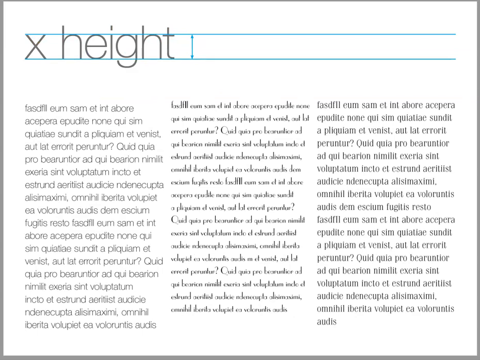Now, we talked a little bit about X height and the differences in the X height, and here you can see three different examples. The one on the left is the most common, an average X height. The one in the middle is a very low X height, and the one on the right is a tall X height. It's important to note that I'm talking about print.